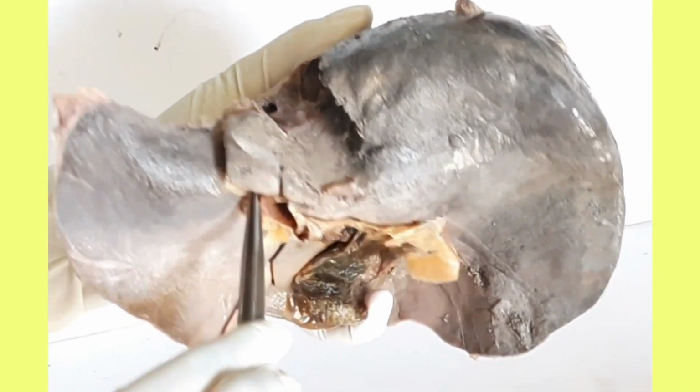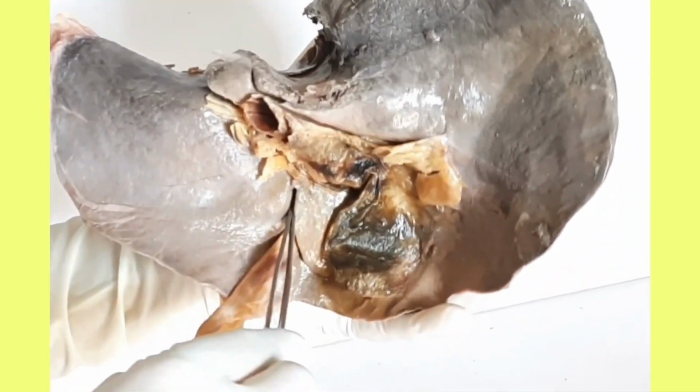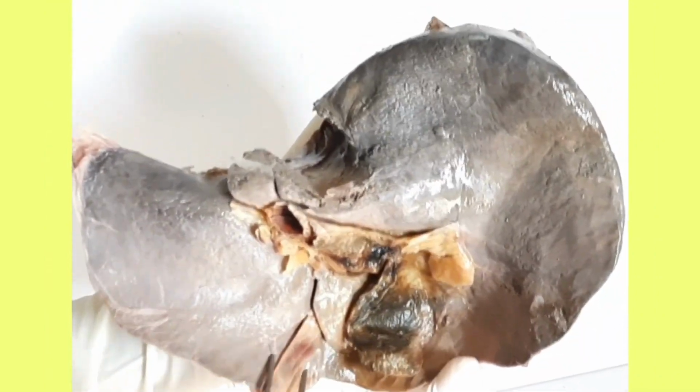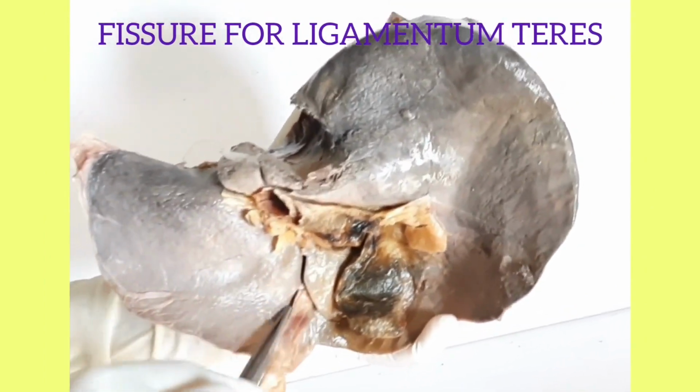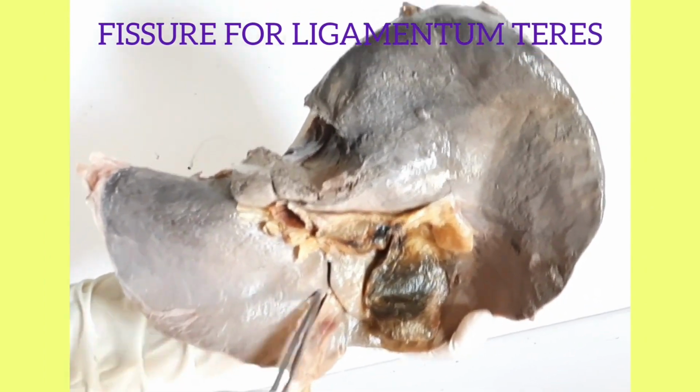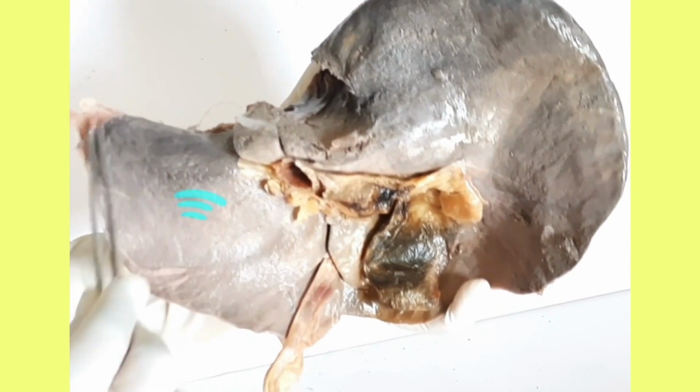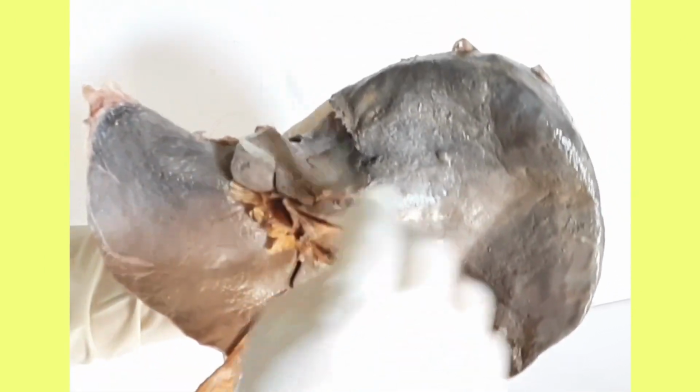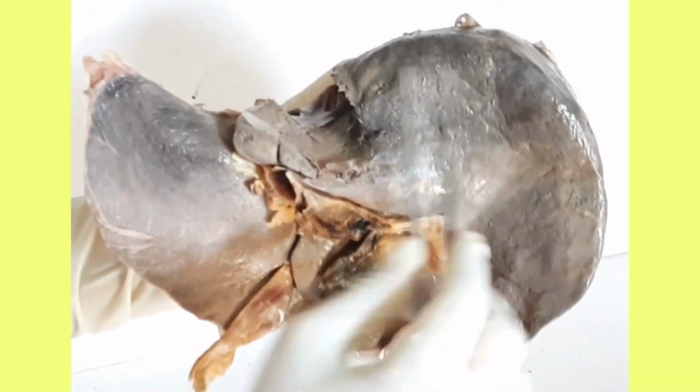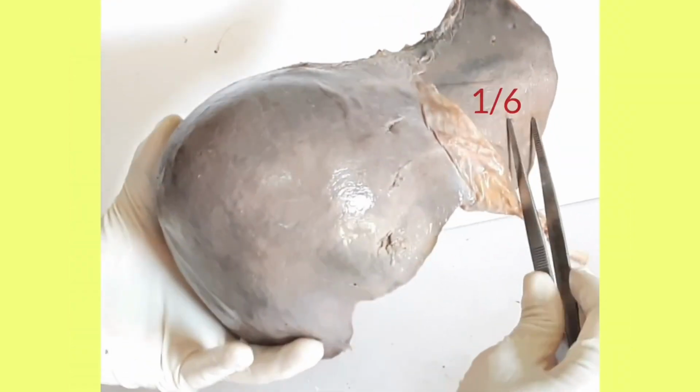And on the inferior surface, right and left lobes are separated from each other by the fissure for the ligamentum teres. This is the fissure for ligamentum teres. So this area is the left lobe of the liver and this is the right lobe of the liver. Thus, the left lobe is formed by 1/6 of the liver and the right lobe is formed by 5/6 of the liver.